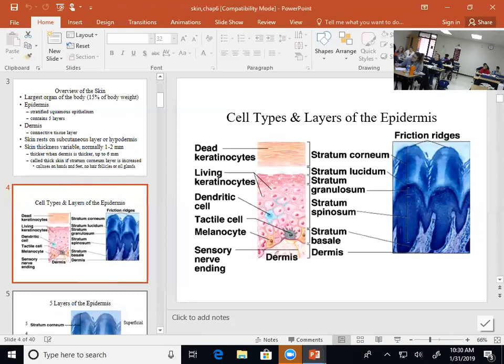If they have a raised part, they're called moles. That's exactly right. They're aggregates of melanocytes, enough of them grouping together that you can see them. Almost every person has either a freckle or moles. Some people have quite a few, right? That's also genetic. So is there anybody here that doesn't have a single freckle or a mole?